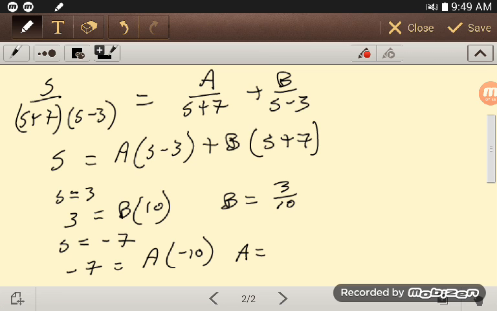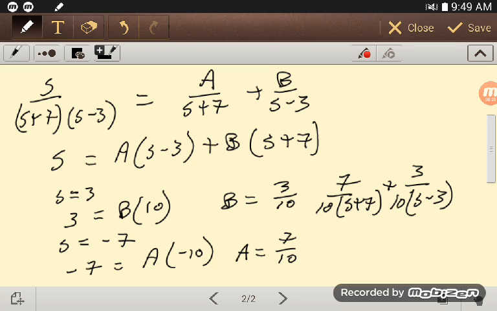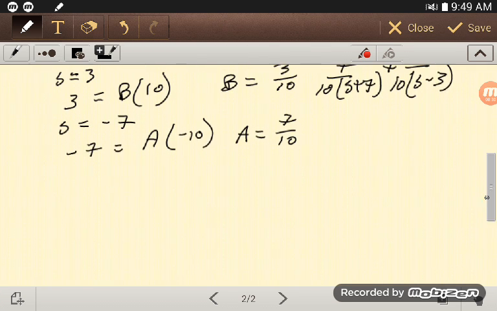So a is equal to 7/10. Okay, so there's my first partial fraction. And so in that case, I'll write it over here, 7 over 10 times s plus 7 and plus 3 over 10 times s minus 3. Okay, so I have that one.